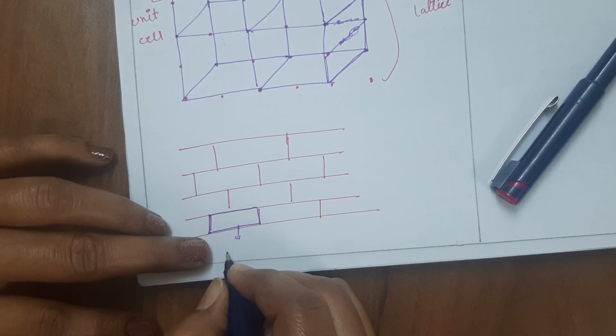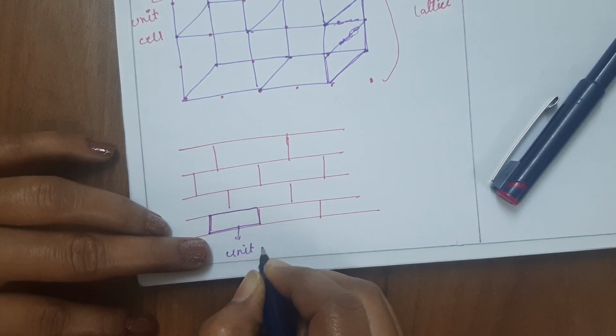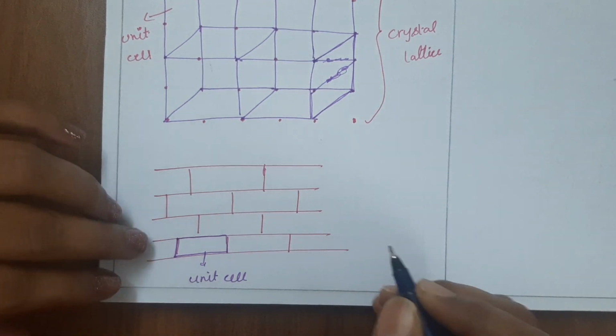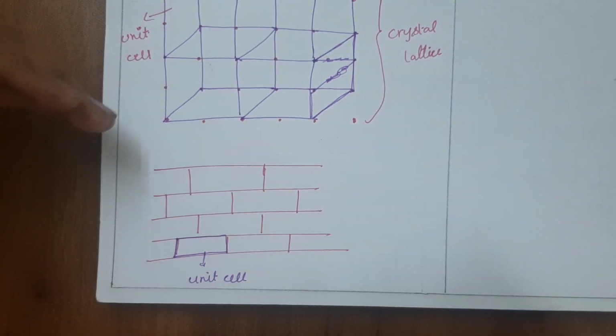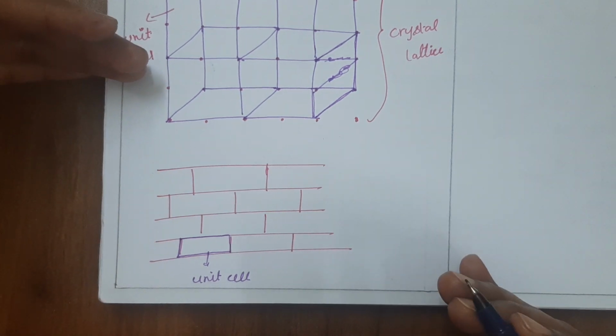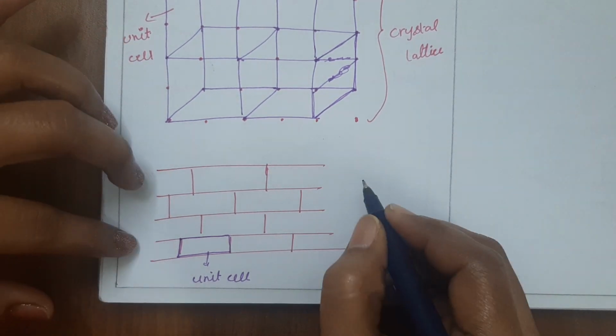A wall contains a number of bricks, and by repeating those bricks only we can construct a wall. So that is nothing but the total wall.